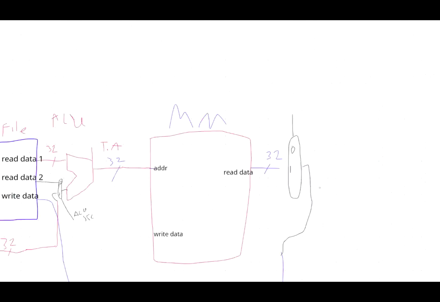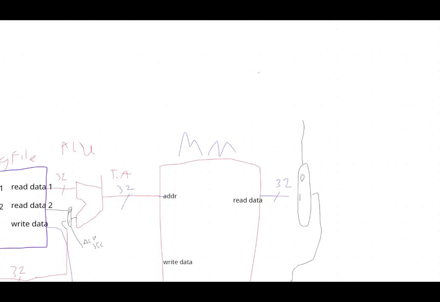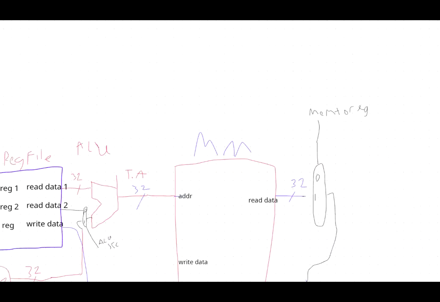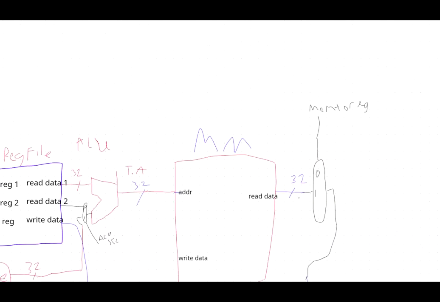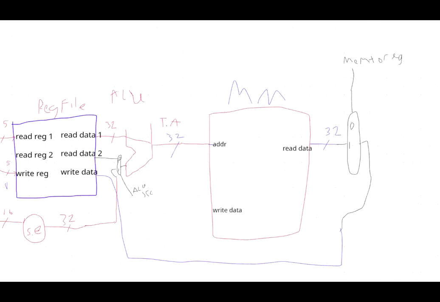So what is happening here? When we have a load, right? Load is bringing something from the memory to the register. So this line here is the mem to reg. And you see how the output of this multiplexer is going into the write data.